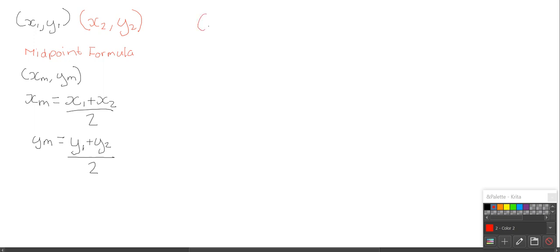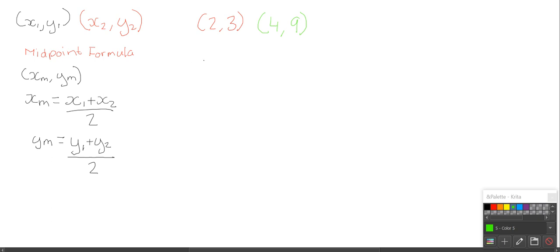So if we had 1 point, let's say it was 2, 3, that was point 1, and we had point 2, which I will write in green to make it stand out, let's say point 2 was 4, 9. So this is the first point over here. This is the second point.